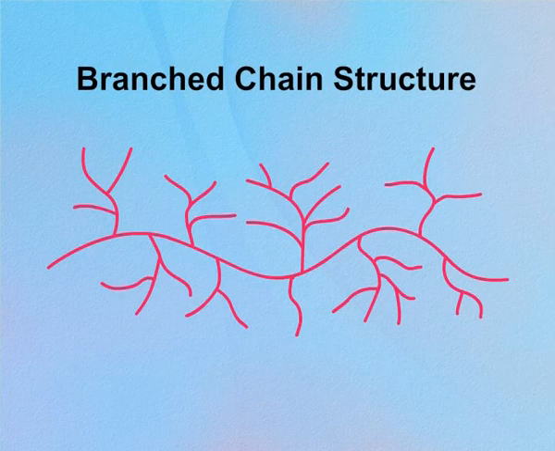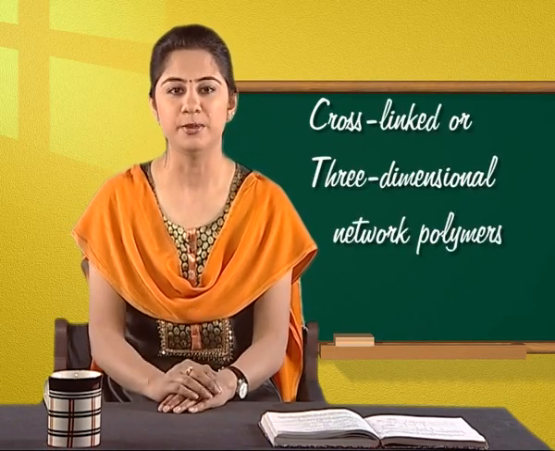As a result, branched chain polymers have lower melting points, densities and tensile strength as compared to linear polymers. An important example of a branched chain polymer is low density polyethylene. Others are amylopectin, glycogen.